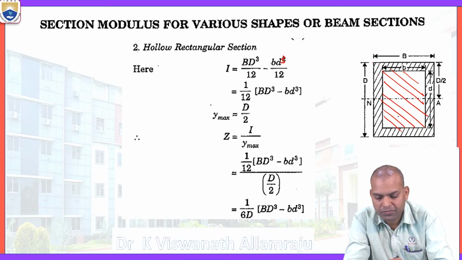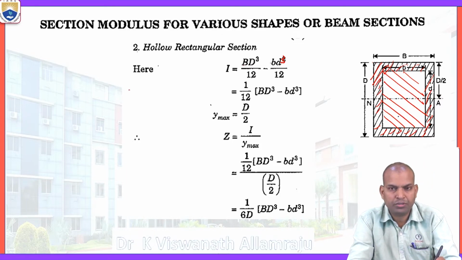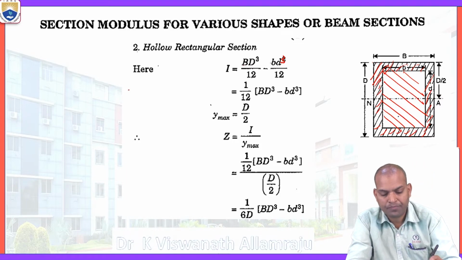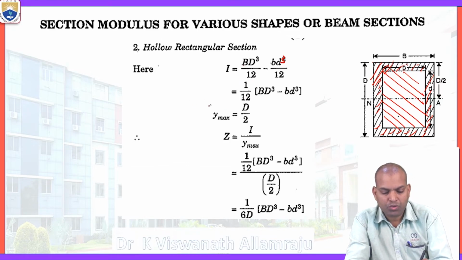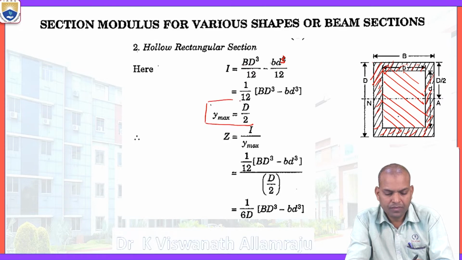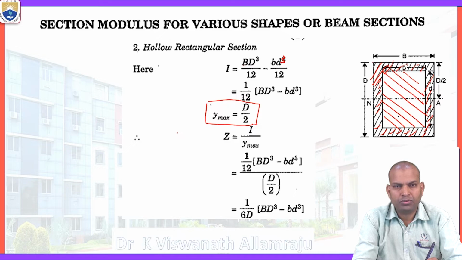For this hollow section, once we subtract, the original hatched section remains, and its area moment of inertia can be calculated: BD cube by 12 minus small bd cube by 12. So 1 by 12 times BD cube minus small bd cube. So what about y maximum? Y represents the distance from the neutral axis to the maximum outer fiber.